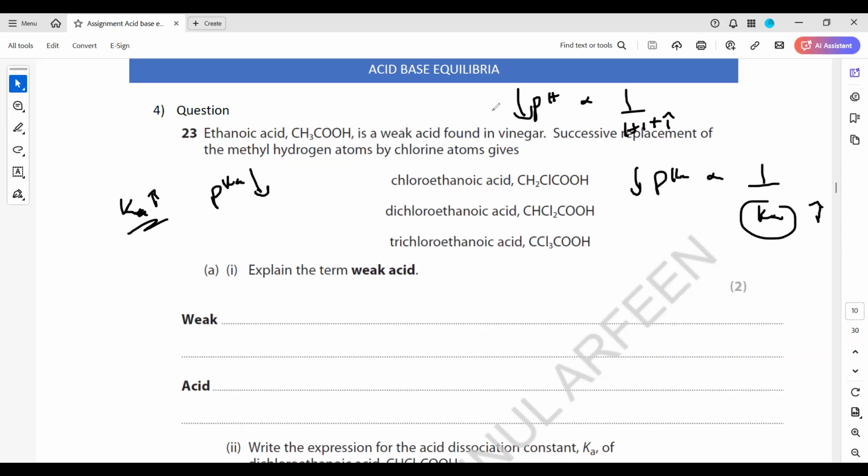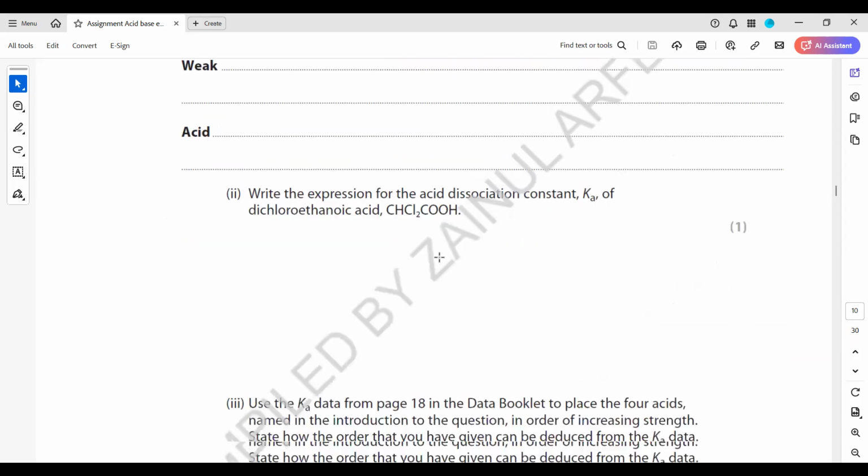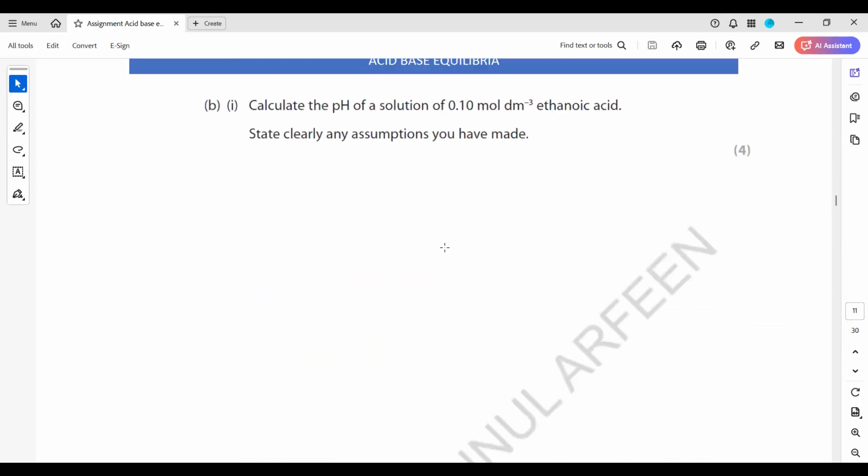So when you look for pKa values, look for the smaller pKa, that will be the strongest. But if you are looking at Ka values, the highest Ka will be the strongest. That has to be done using the data booklet values from page 18.